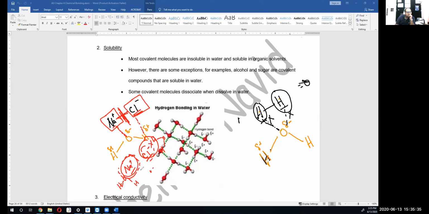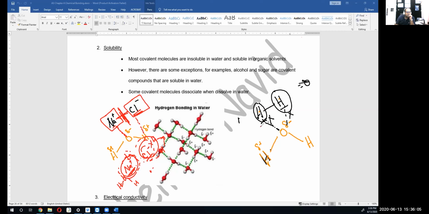Due to this splitting, the sodium ion is now surrounded by water molecules, and the chloride ion is surrounded by water molecules. As a result, they have now become soluble. So the sodium ion and chloride ion have broken away from each other and are now soluble in water.